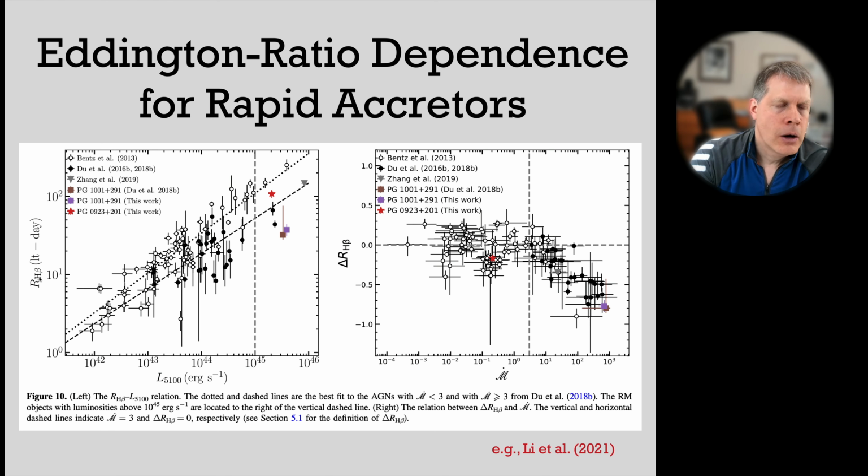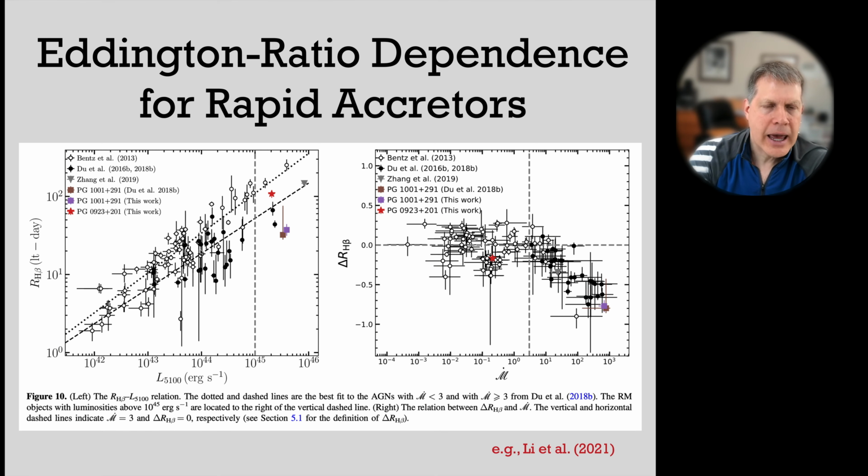Here are measurements they have made, combined with literature results, of the H beta region size versus luminosity for the general AGN population up here, which is fitted by this dotted line, and for their so-called super-Eddington accreting sample, shown by this dashed line down here. You can see the relations are pretty clearly offset from each other.